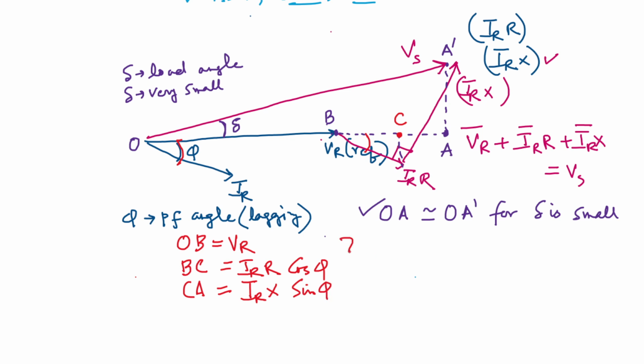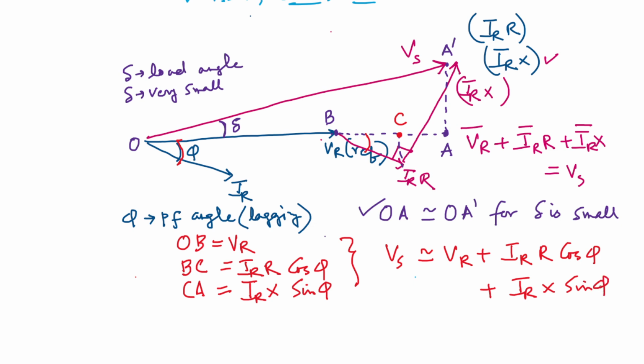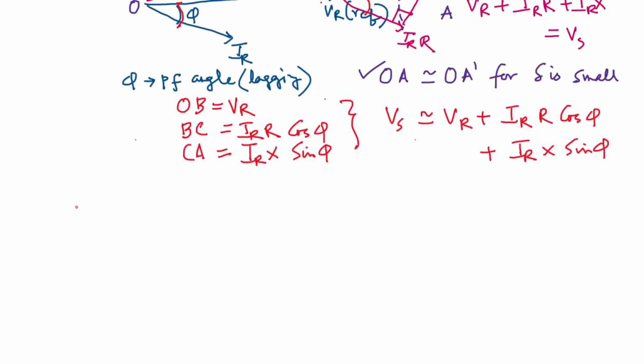So using these three, we can write Vs is nearly equal to Vr plus Ir into R cos phi plus Ir into X sin phi.